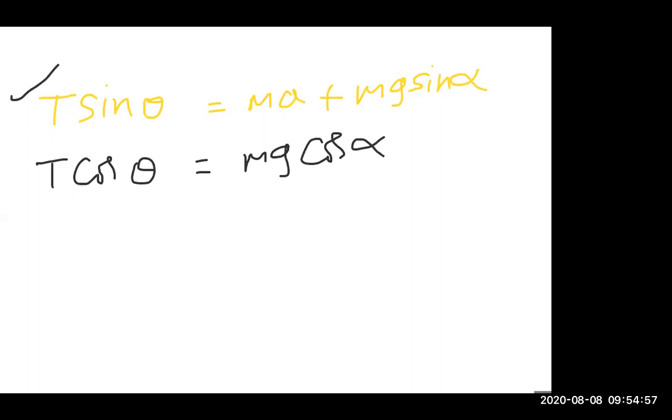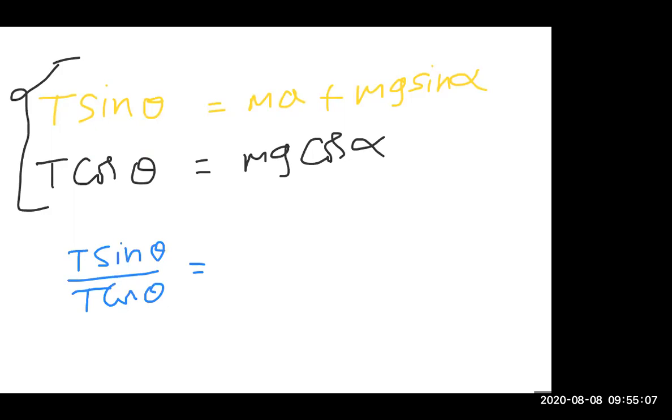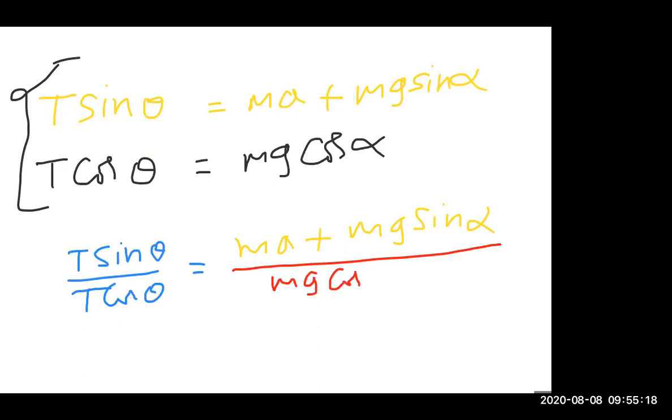These are the two equations I made. Now let me divide these two. Dividing these two equations, T sin theta by T cos theta is equal to MA plus mg sin alpha by mg cos alpha.